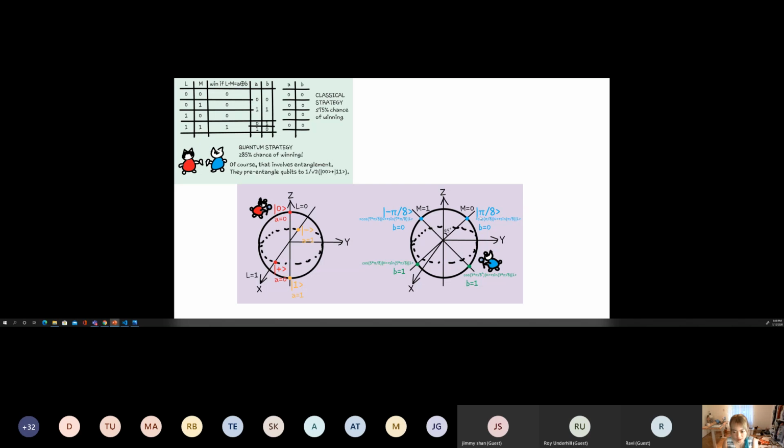Bob will measure a pi over 8 or minus pi over 8, these two states. Because we know we're just changing the basis of the measurement. If Bob were measuring along the z-axis, he would get a 0 because Alice got a 0.